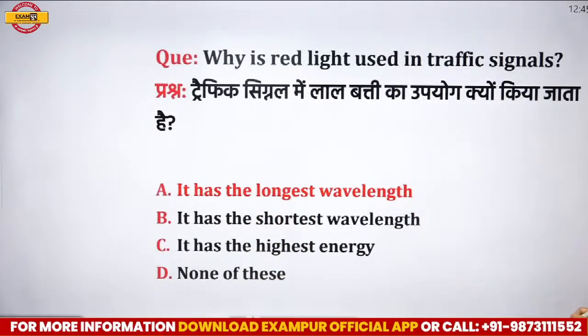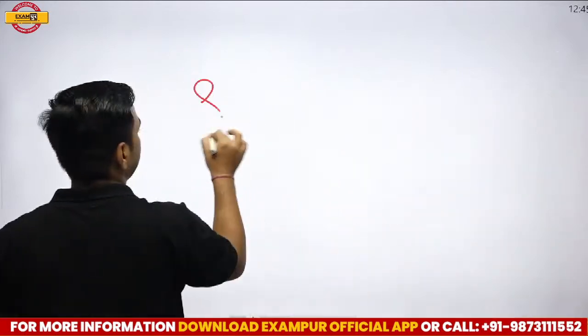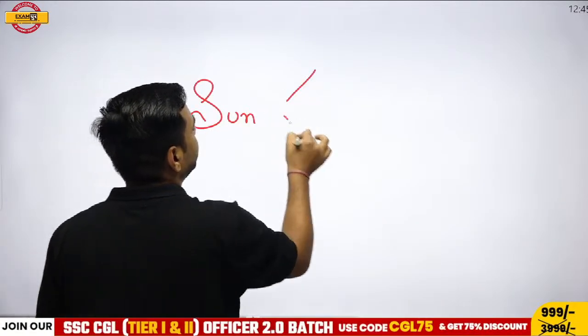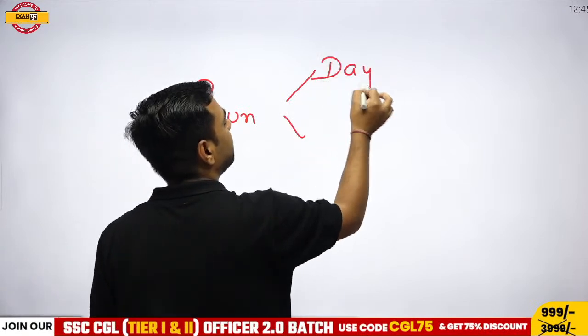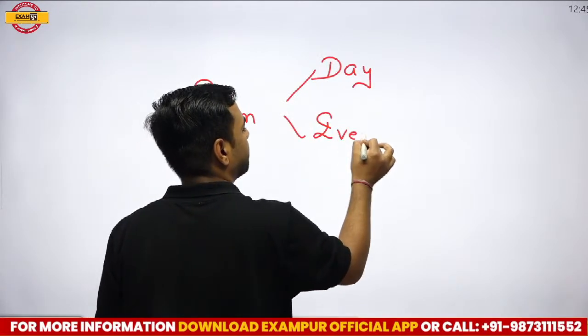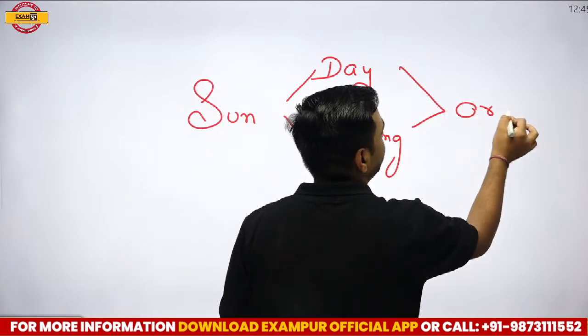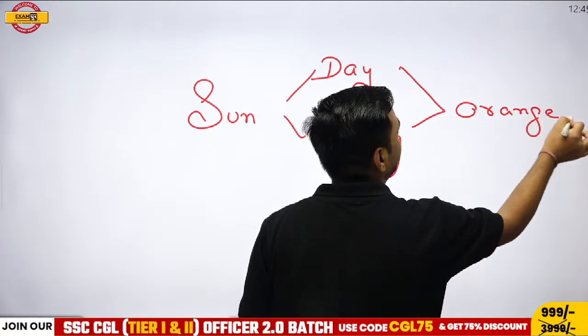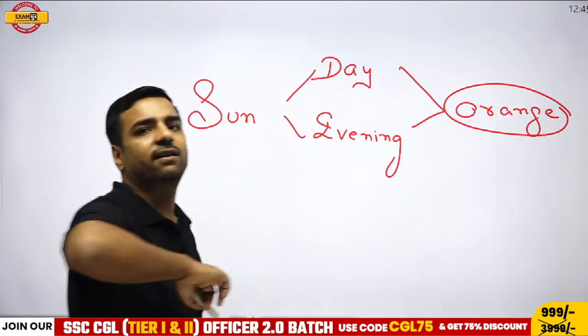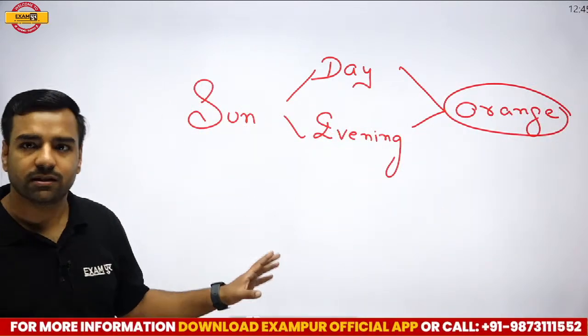And it's also the reason why the sun, during the daytime and during the evening, looks orange or red in color. The same reason is behind it.